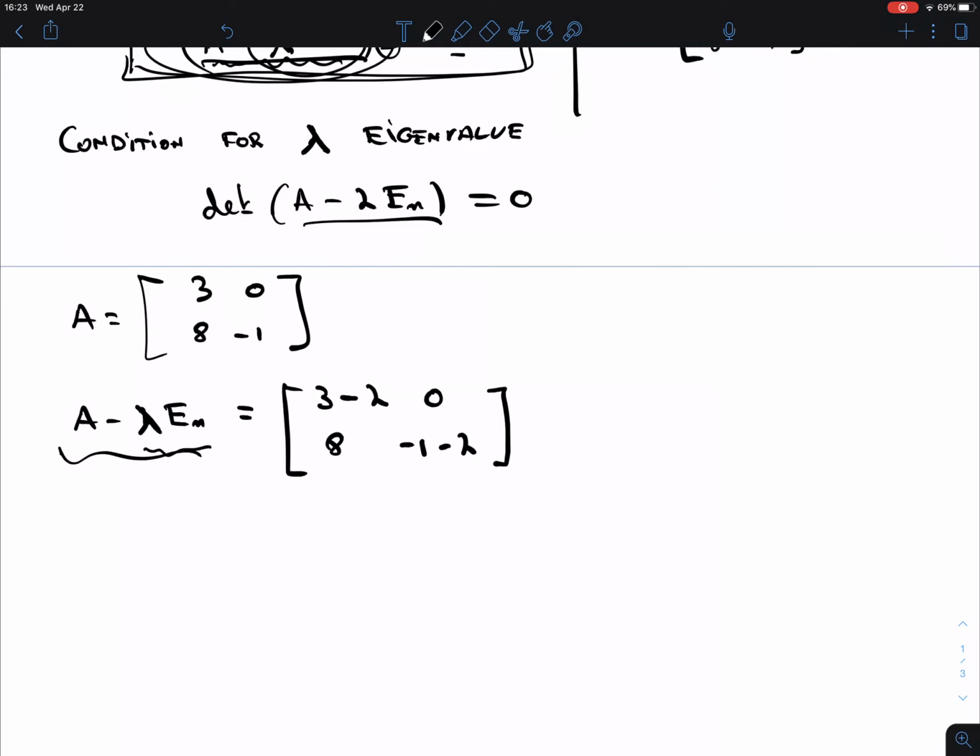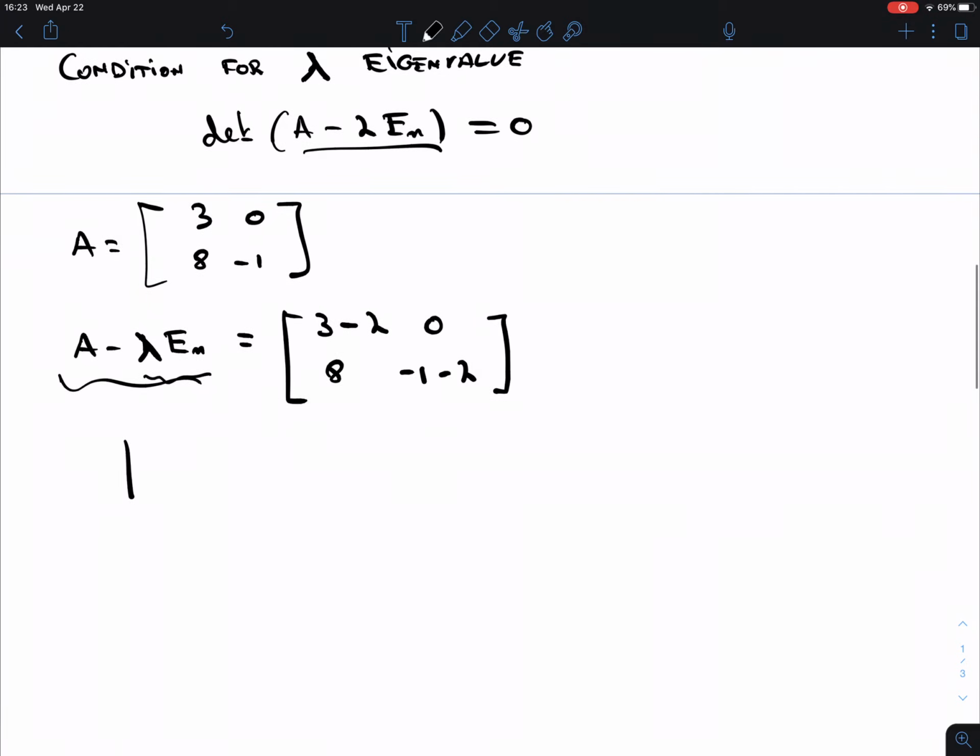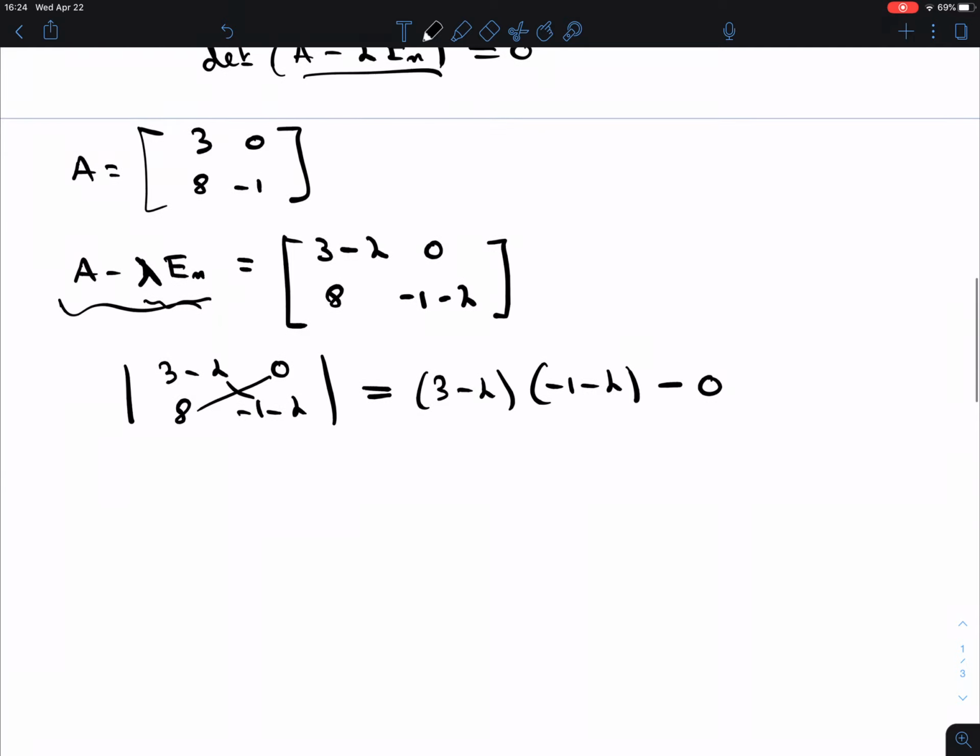So in this case, we can find out what the determinant is. The determinant of 3 minus lambda, 0, 8, negative 1 minus lambda is, using the formula, the product of the diagonal elements, 3 minus lambda times negative 1 minus lambda, minus the product of the antidiagonal, which is 0.